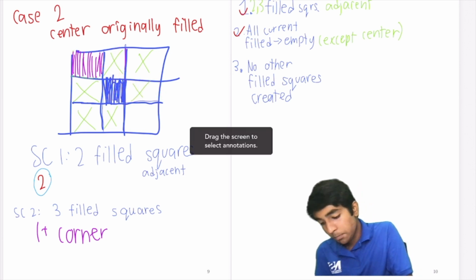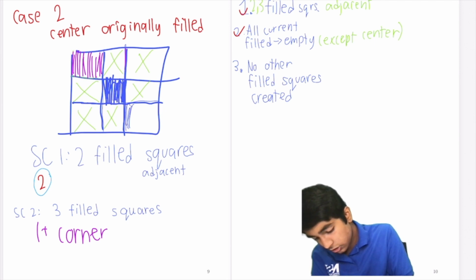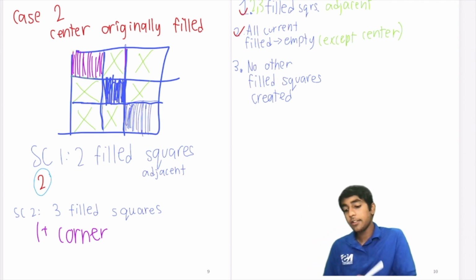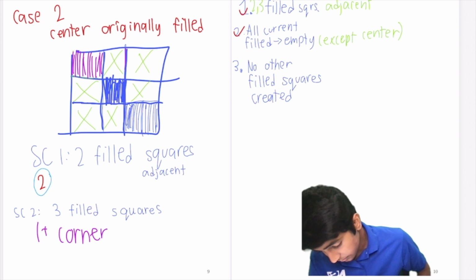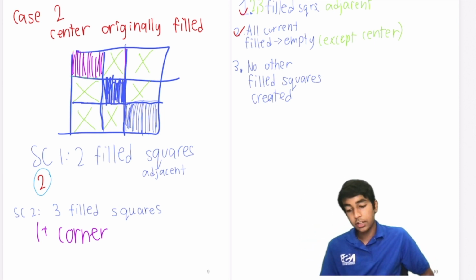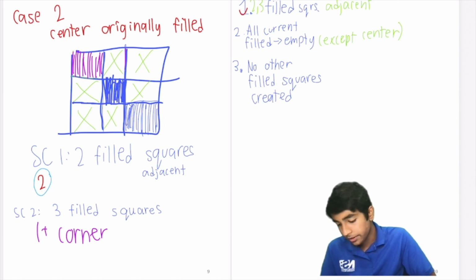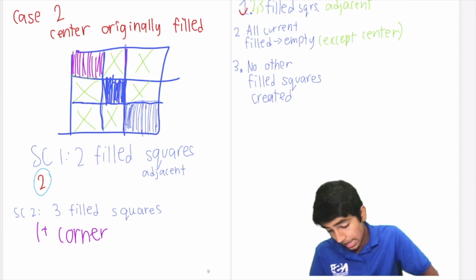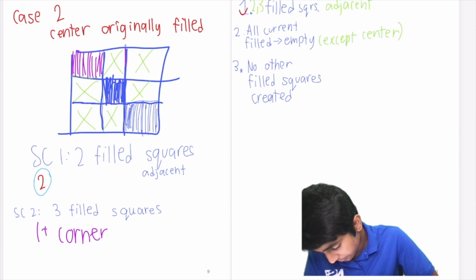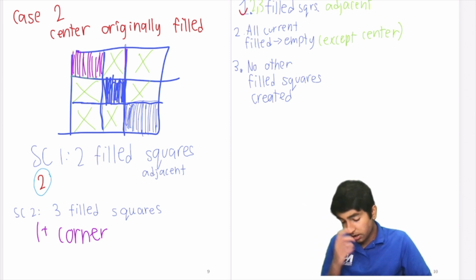And finally, is it possible for this square right here to be filled? Does that work? There's 3 filled squares, so condition 1 is satisfied. Are all currently filled squares going to become empty?